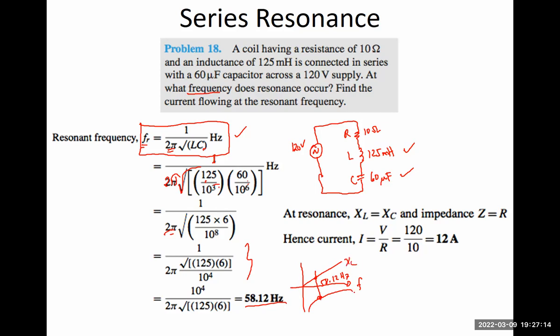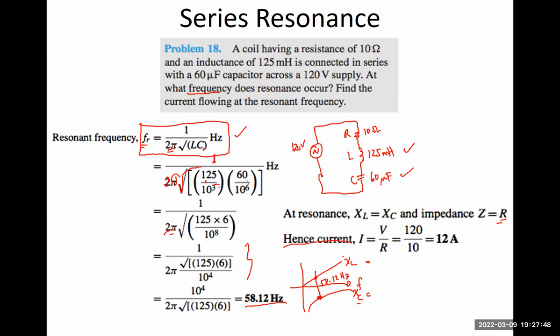So this is our XC, this is our XL, this is our XC. So at this point and at this point, the frequency is at resonance. So actually we could check the XL if that is equal to XC later. So at resonance, your XL is equal to XC and your impedance Z is equal to simply your R.